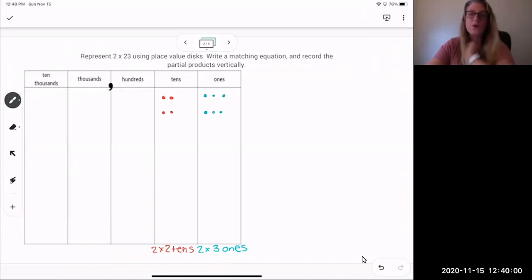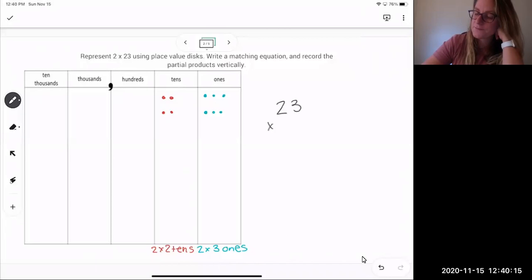Now we're going to record our partial products vertically. So when we're recording our partial products, we're going to rewrite our problem, lining them up and down, just like a normal multiplication problem. And we know that we can rewrite our problem in any order.